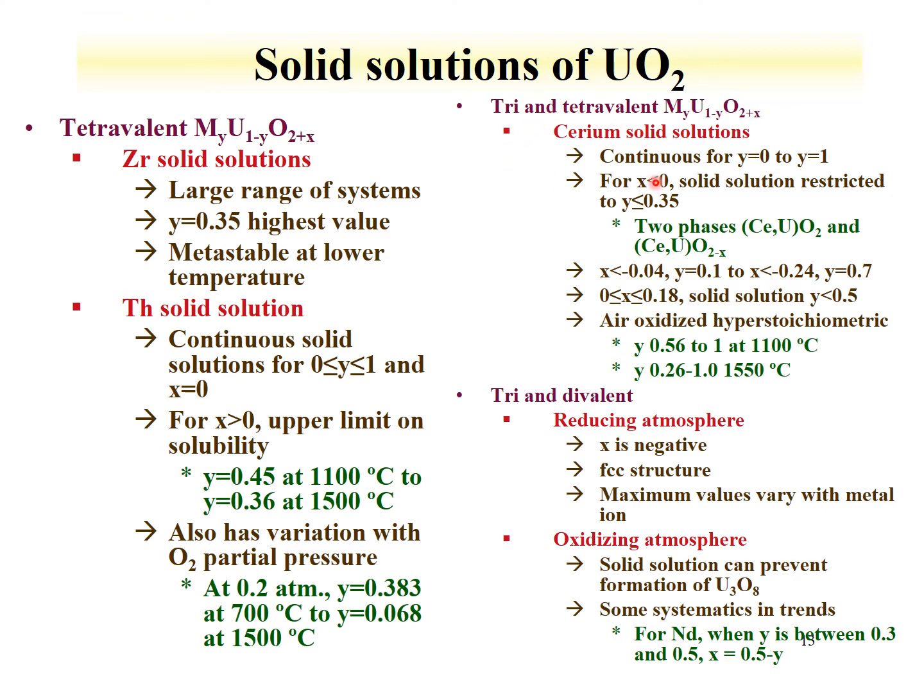For some tri- and tetravalent solid solutions, cerium-4 is continuous over the entire range, whereas cerium-3 has variations. The tri- and divalent solid solutions really depend upon whether you're in a reducing or an oxidizing environment.